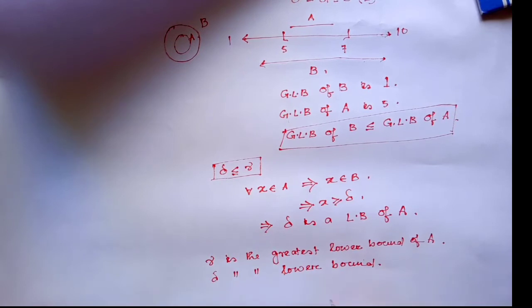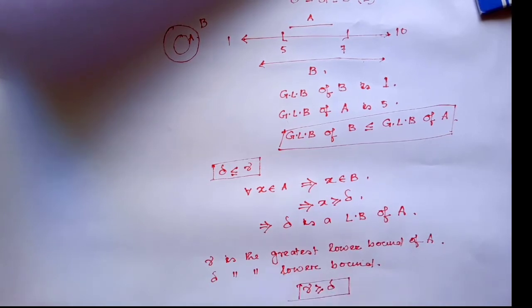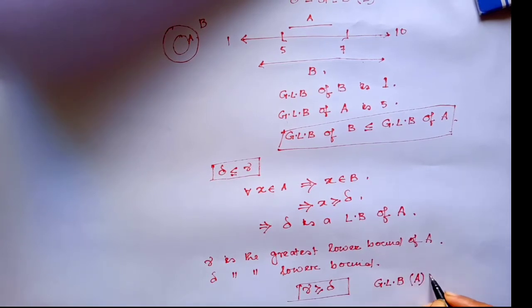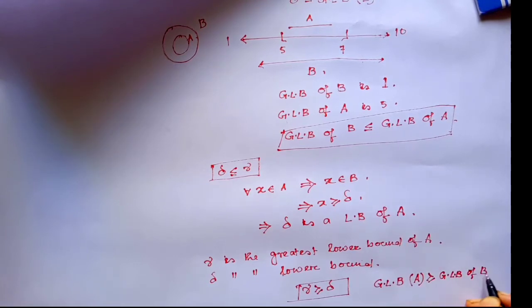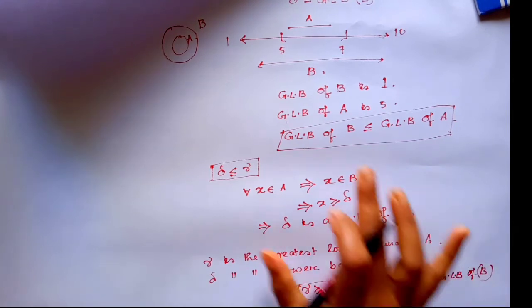So gamma must be greater than or equal to delta. Have you understood it? That means GLB of A greater than or equal to GLB of B. This is my proof.